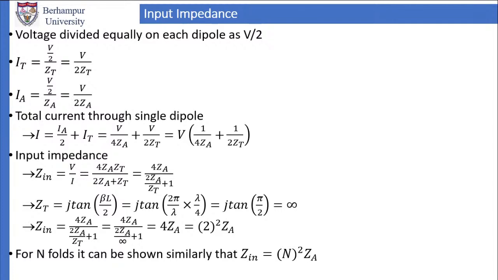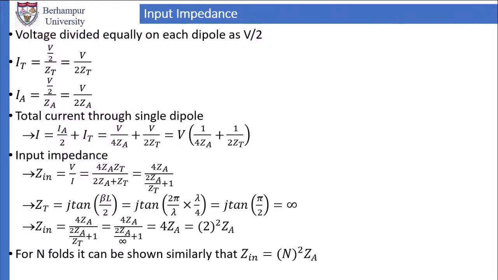Now total current through a single dipole, since we have two parallel dipoles, total current I is equal to IA by 2 plus IT. Why IA by 2? In the antenna mode, current is equally divided on both the arms.